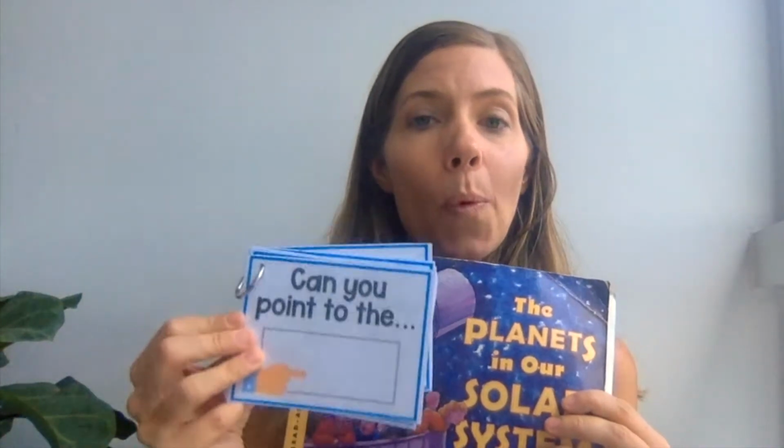So if I have a newcomer student and we just read this book, then I might sit down with that student one-on-one while the other students are working on the other assignment for the whole group, and go through this and say, can you point to the... Beforehand I might even write out 5 words that I want them to point to so that in the moment I am already set, ready to go.